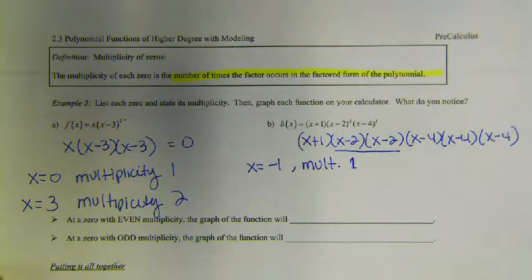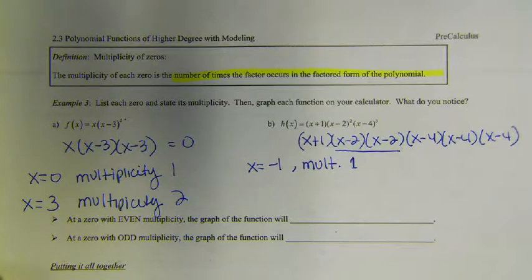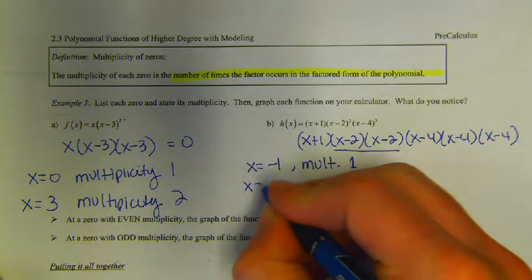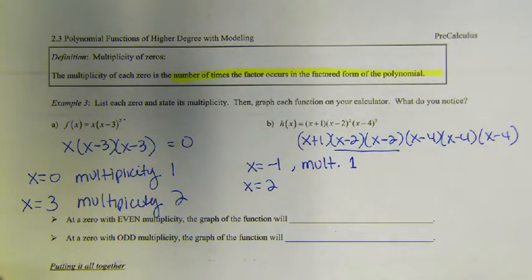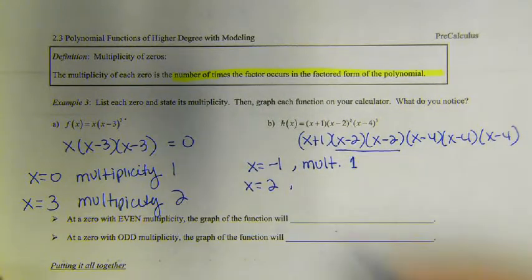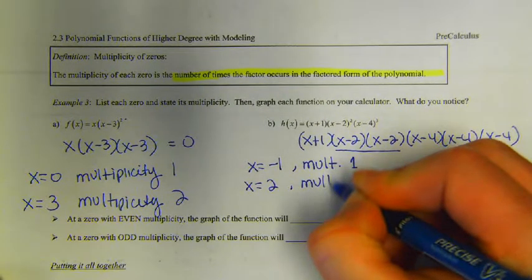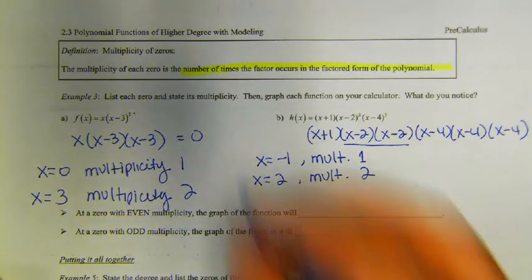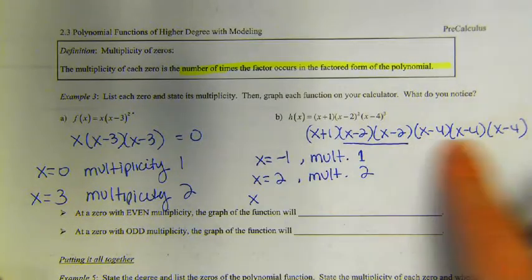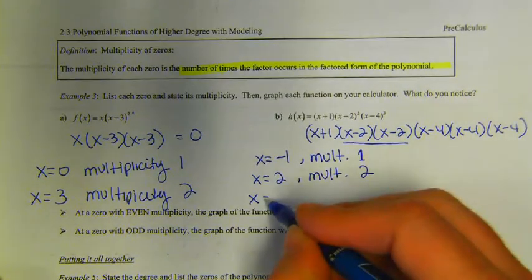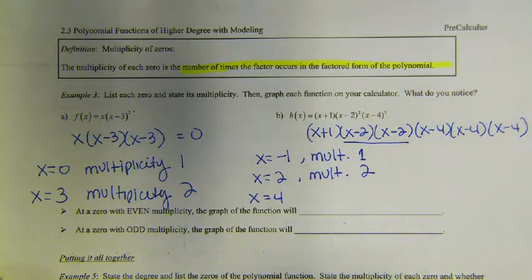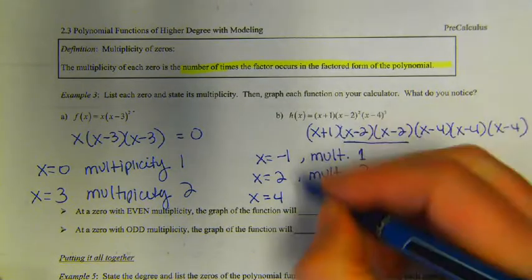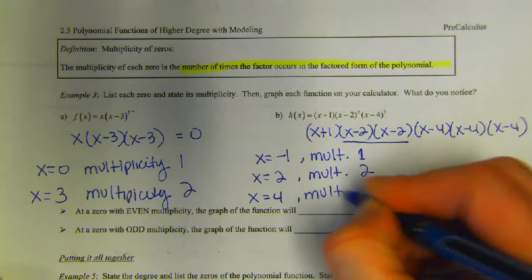What would be the 0 if I set those equal to 0? X equals 2. How many factors do we see? So we would say multiplicity of 2. And finally, x equals 4 would also make this function 0, and that has multiplicity of 3.